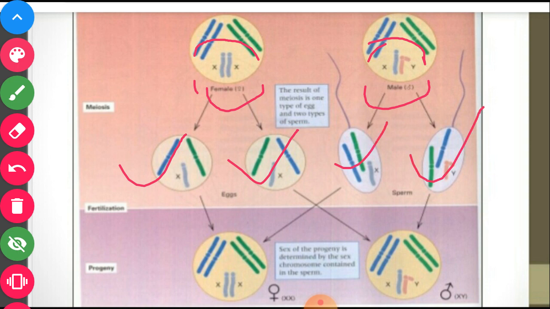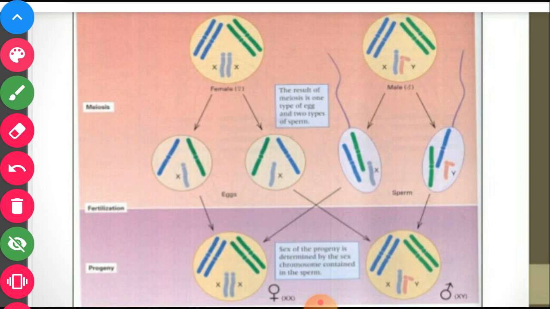If sperm containing Y fertilizes the ovum, then it develops into male, and if the sperm containing X fertilizes the ovum, they develop into female. So this is the mechanism of sex determination in human.